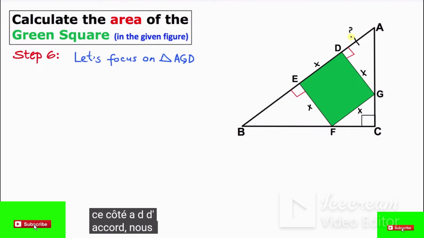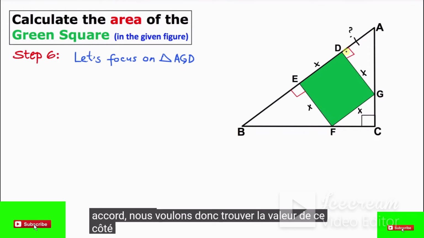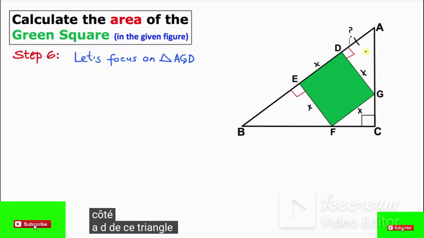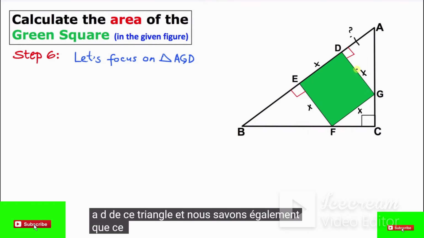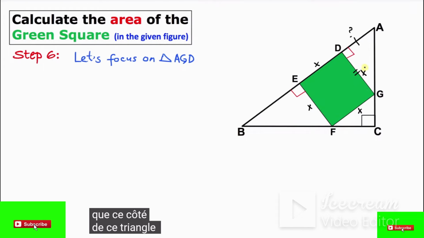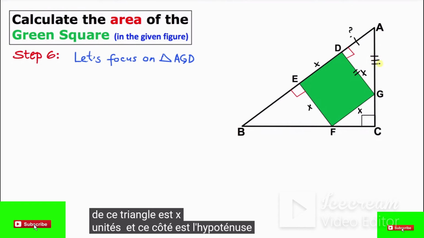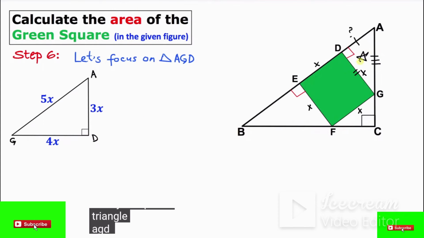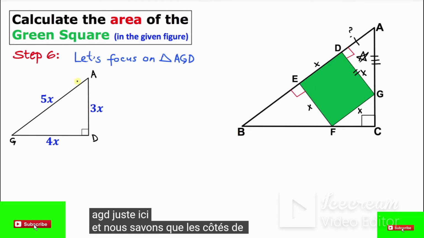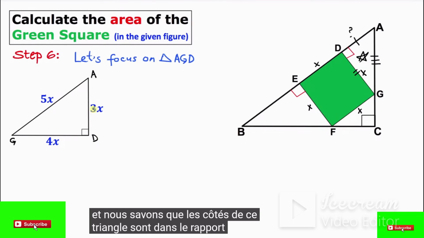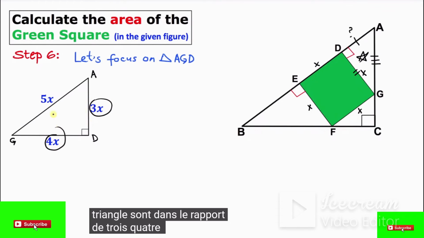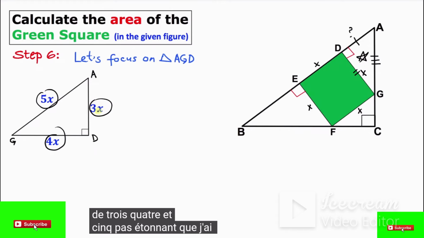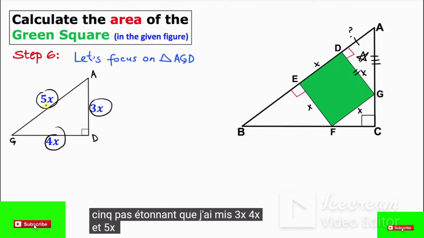We want to find the value of this side AD of this triangle, and we also know that this side of this triangle is x units, and this side is the hypotenuse. And here I have copied down this triangle AGD, and we know that the sides of this triangle are in the ratio of 3, 4, and 5. No wonder I put down 3x, 4x, and 5x.